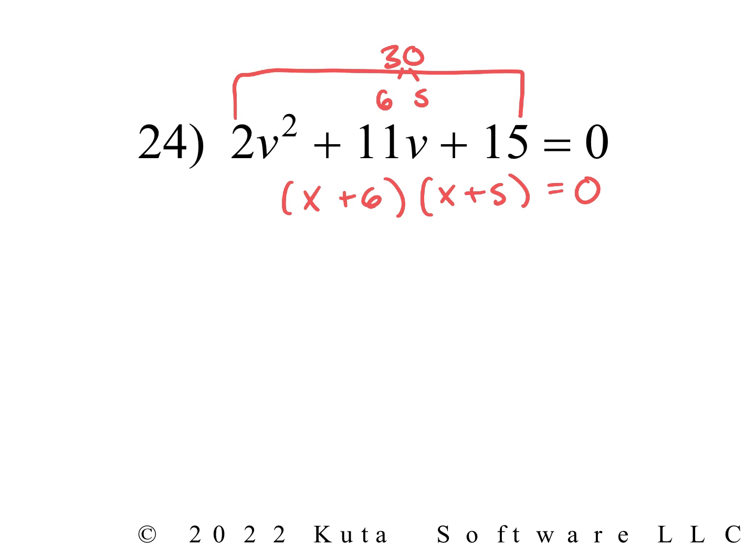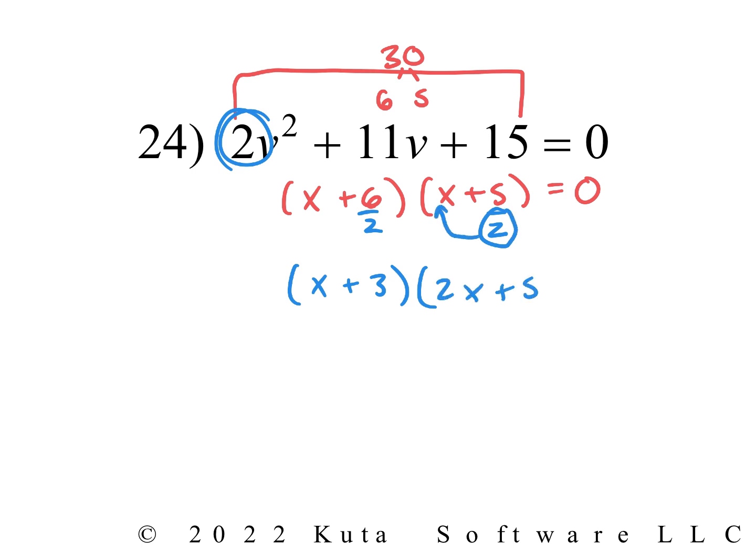What do I have to do next? Divide. So since I started by multiplying, I have to remember to divide. Divide by 2. So what's 6 divided by 2? 3. So I have x plus 3. The next one, 5 can't be divided by 2, so I move 2 in front of the x. So 2x plus 5.